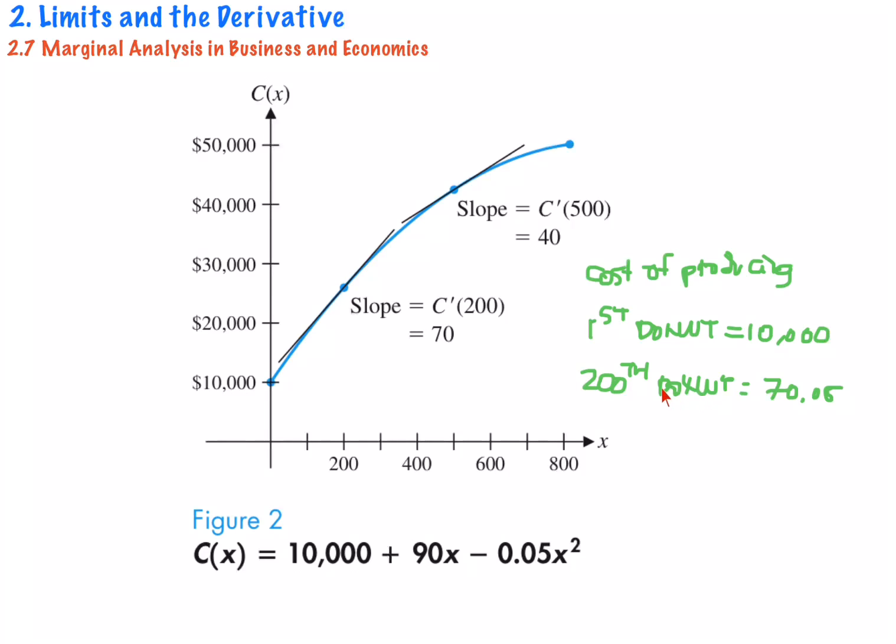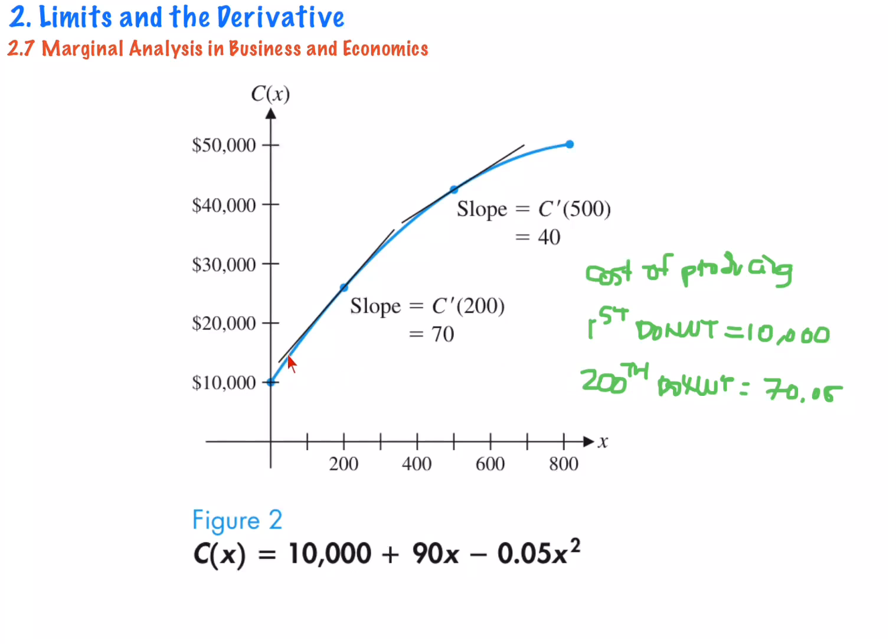Okay, the 200th donut, what does it cost to produce? The price is 70.05. The first donut is 10,000. Why is that? Maybe for the first donut you spend a lot of time on research and development, that's why you need 10,000, plus trial and error. It makes sense.